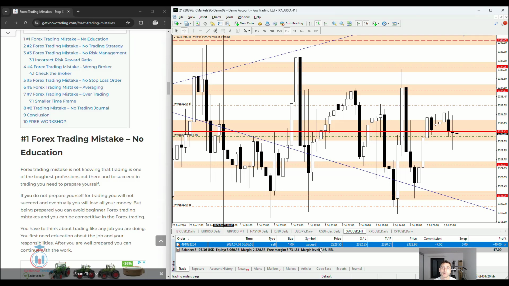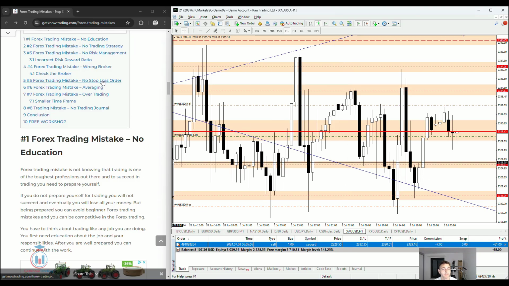So this is also possible, so pay attention to use only a regulated broker and read more about reviews on the forums, what the traders are saying. In today's world, it is very easy to find who are the scammers and try to find the regulated broker from the regulator body in the country you are trading.